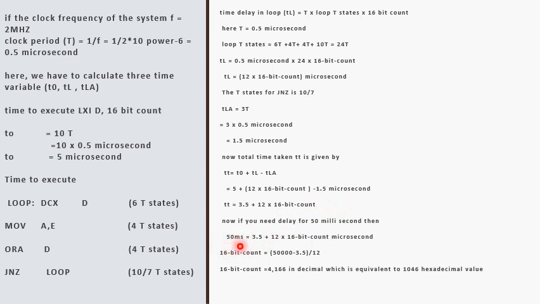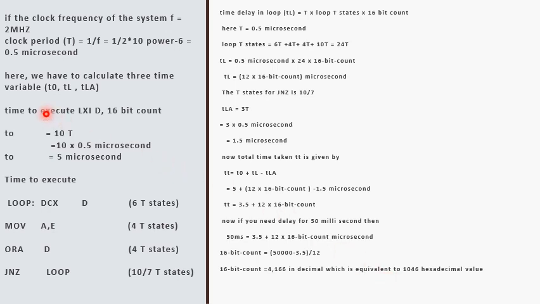So TT is equal to 50 milliseconds. So 50 milliseconds equal to 3.5 plus 12 into 16-bit count, right? So we will be getting 16-bit count equal to 50,000 minus 3.5 divided by 12, that is equal to 4166 in decimal, which is equivalent to 1046 in hexadecimal.